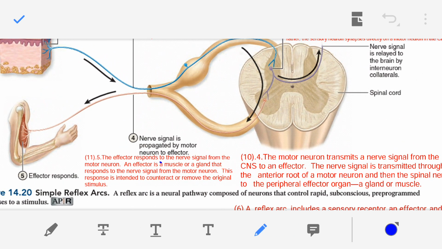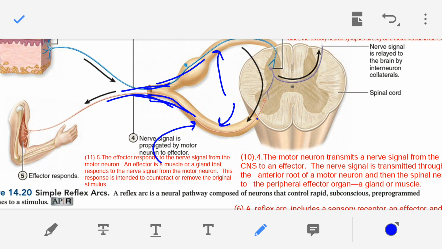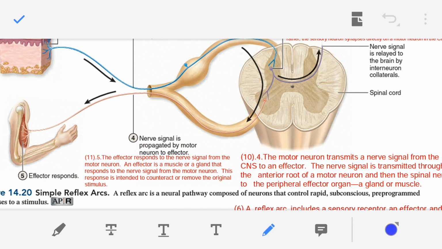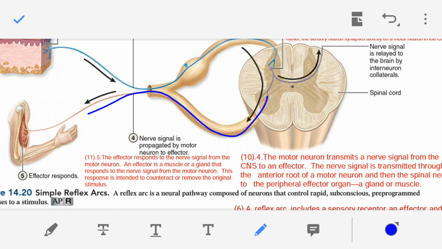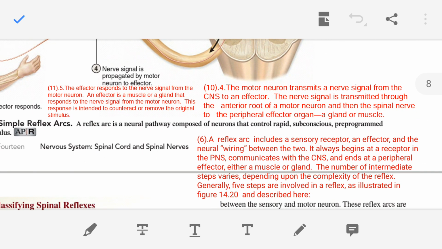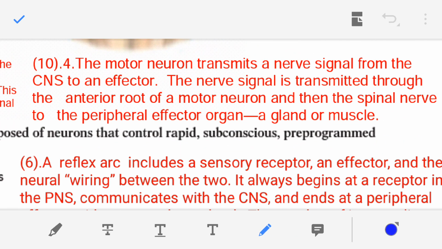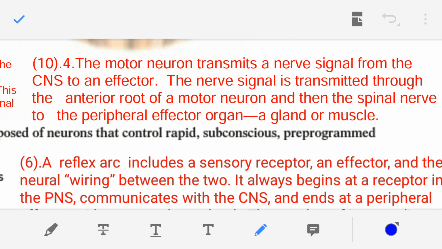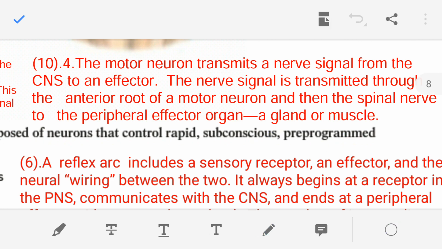Here you can see this one is the anterior root, and this one is the posterior root. The anterior and posterior roots join together and form the spinal nerve. Inside the spinal nerve is the motor neuron, and this motor neuron with the spinal nerve reaches the peripheral effector organ, which might be a gland or a muscle.